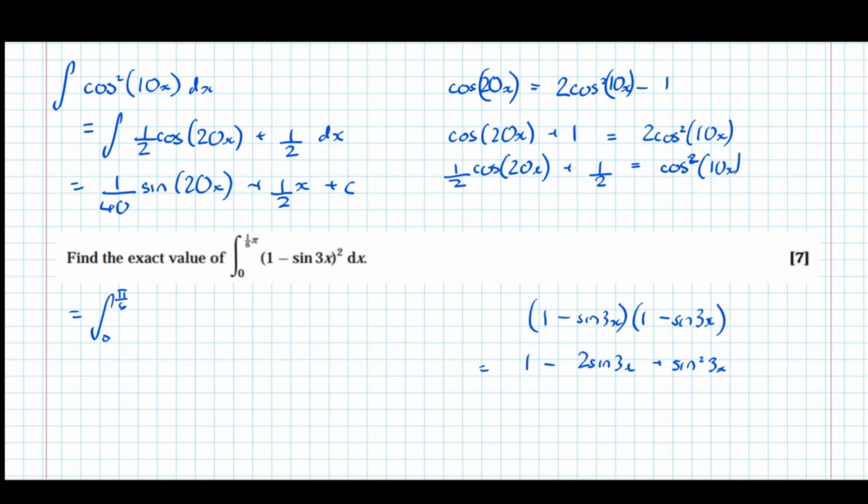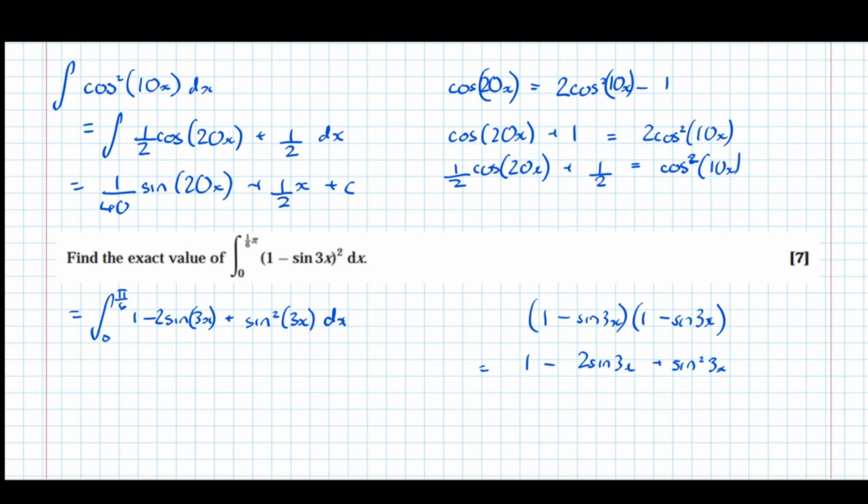So that becomes the integral of 1 minus 2 sine of 3x plus sine squared of 3x dx.